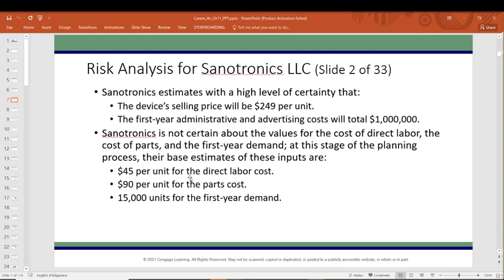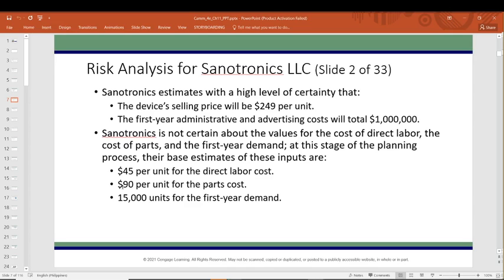So Sonatronics is not certain about the values for the cost of direct labor, the cost of parts, and the first-year demand. At this stage of the planning process, Sonatronics' base estimates of these inputs are $45 per unit for the direct labor cost, $90 per unit for the parts cost, and 15,000 units for the first-year demand.